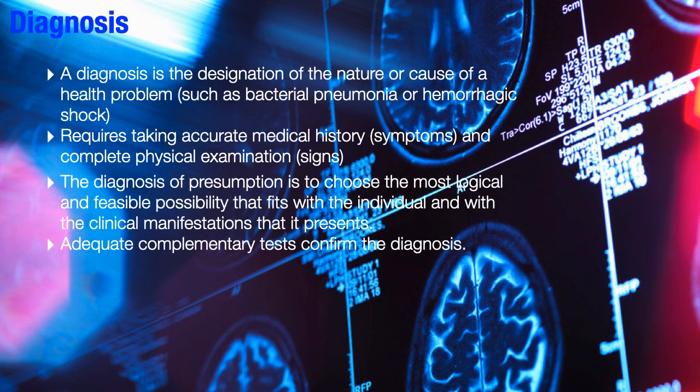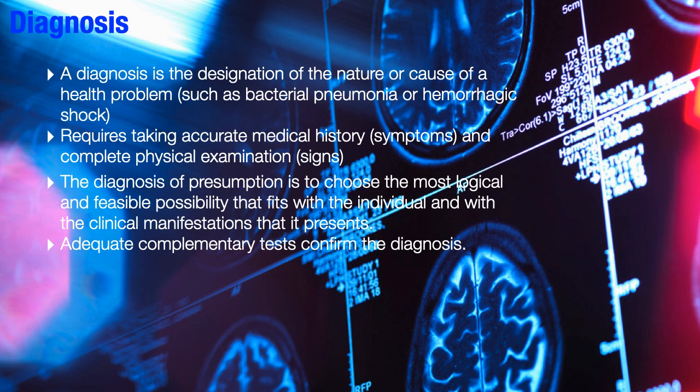Then we have diagnosis, which is the name we give a disease based on its nature or cause, like COVID infection. That's a diagnosis. Diagnosing is the process of taking a medical history and a physical examination as first steps to arrive to a presumptive diagnosis.